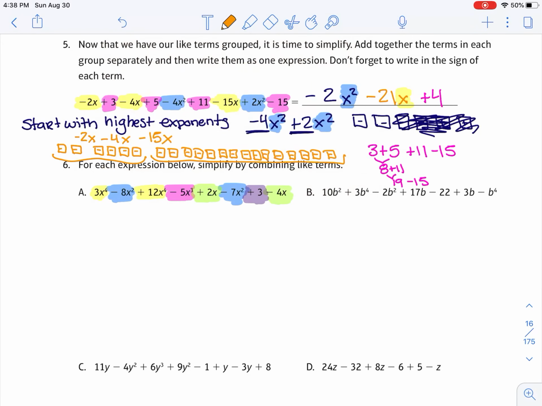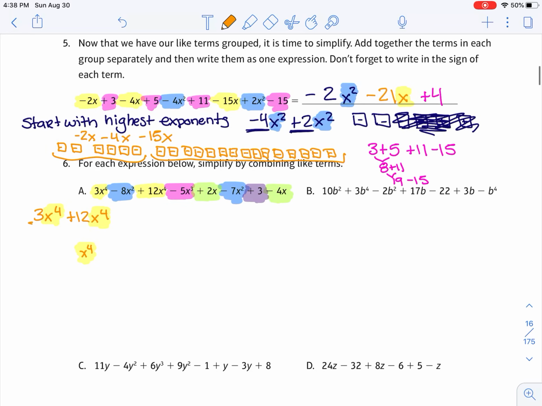So I'm going to start with my x to the 4ths. And the important part is that they are x to the 4ths. So in my final answer, they're going to be x to the 4ths. 3 plus 12 makes 15.